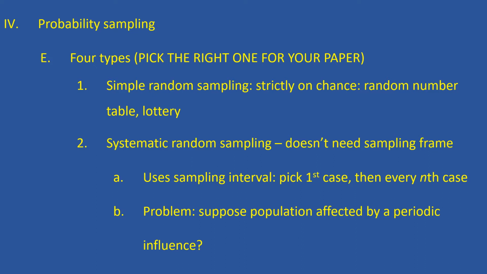And then what you do is you pick the first case, you pick the top of the list, or whoever you run into first, and then every nth case, so every ninth case, every 10th case, every 100th case, whatever it is. Sorry to those of you who were traumatized by algebra by using nth case, but you get the idea. So it's sampling frame-ish, a count.